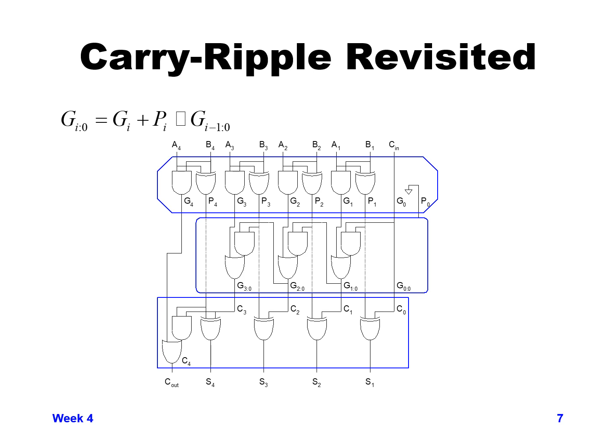The propagate of 1 is ANDed with G sub 0 colon 0, and then that is ORed with G sub 1 in order to give us G sub 1 colon 0.